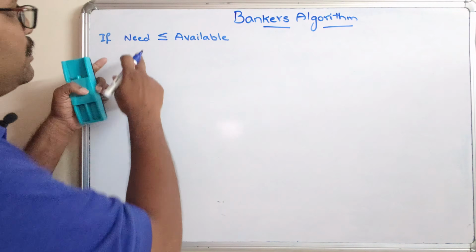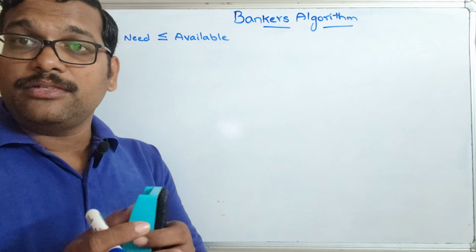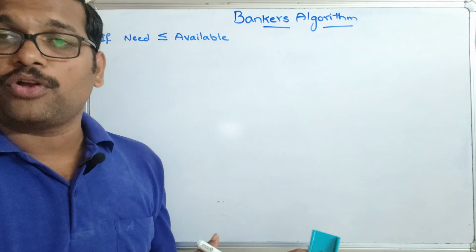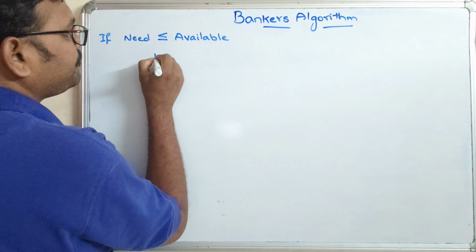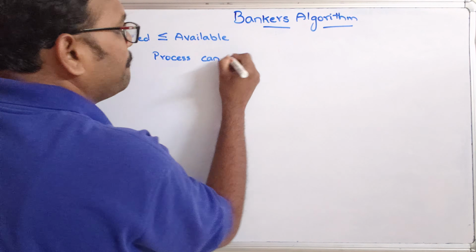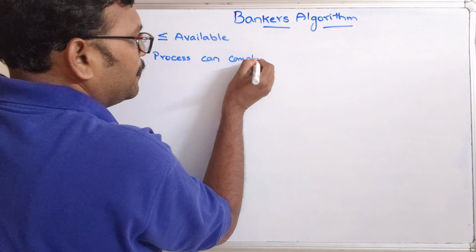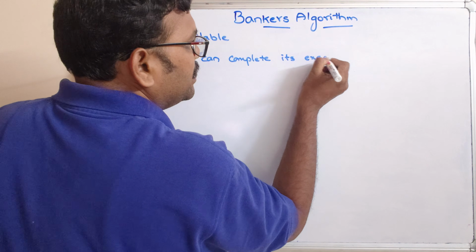So if the need resource is less than or equal to available, what happens, those resources can be allocated to the process to complete its execution, so we can write process can complete its execution.